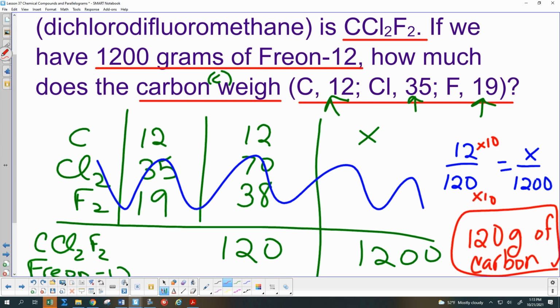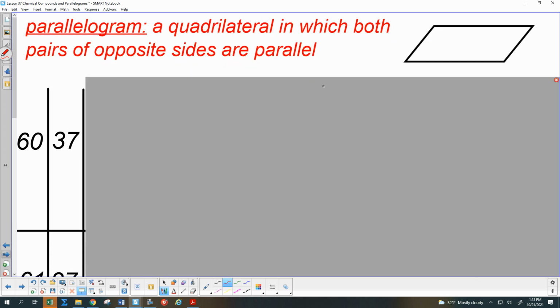And let's move on to parallelograms. We're going to have 5 things that we know about parallelograms and can use. The first one is just the definition. If you have a parallelogram, that means both sets of opposite sides are parallel. These are parallel, left and right, and top and bottom are going to be parallel.